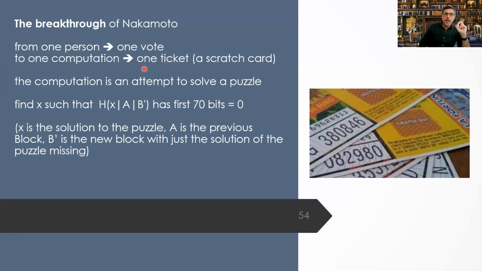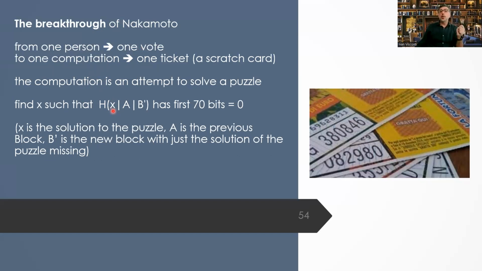And Nakamoto had this brilliant idea of realizing this scratch card using a parameterized puzzle. So the computation that I have to do to get a ticket is an attempt on a new X. So I pick a new X and then make an evaluation of H here. This is a computation and then basically a ticket that I have consumed.